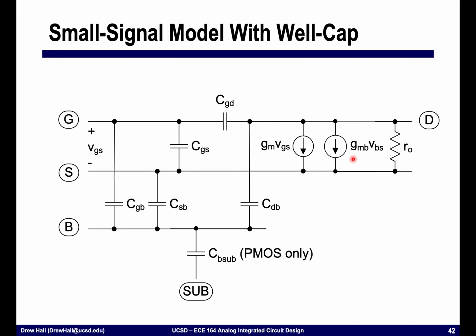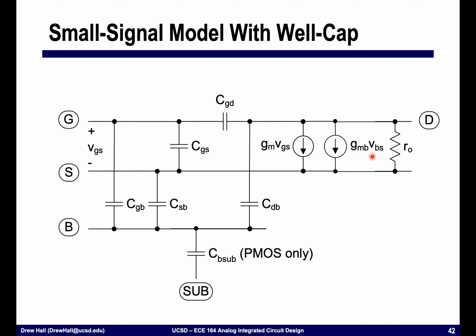I would say that this GM we're always going to keep track of, CGS we're almost always going to keep track of, and CGD is almost always important. To a lesser degree, CJB, CSB, CDB typically are not that relevant. They're going to be small compared to other capacitances that are already in the circuit.